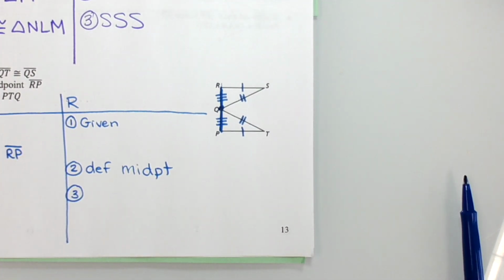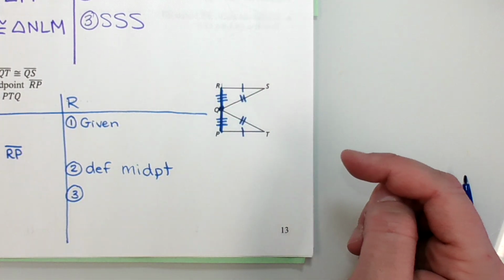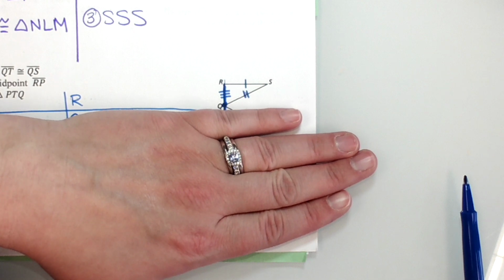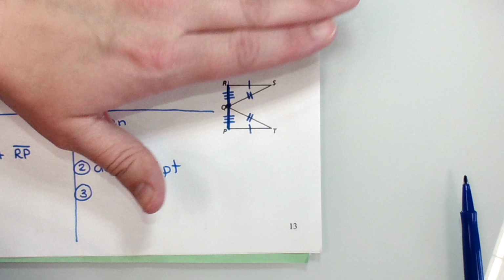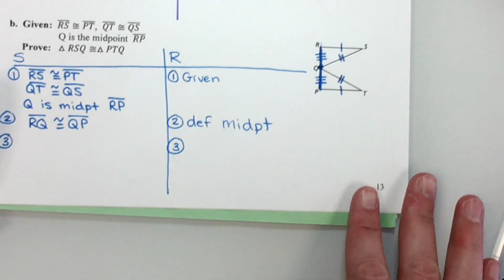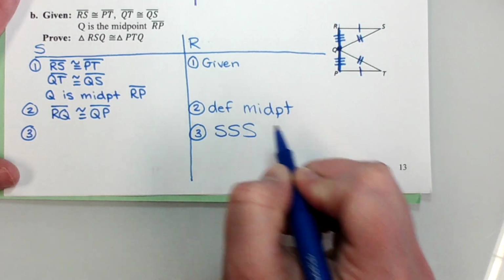The question is, does this fit either a side, side, side, or a side, angle, side? I look at one triangle. How many sides are marked as congruent? 3. 3 sides. Wouldn't that be side, side, side? Double check that the other triangle is the exact same setup. Is the other triangle 3 sides? Then it is side, side, side. I have the side, side, side setup.